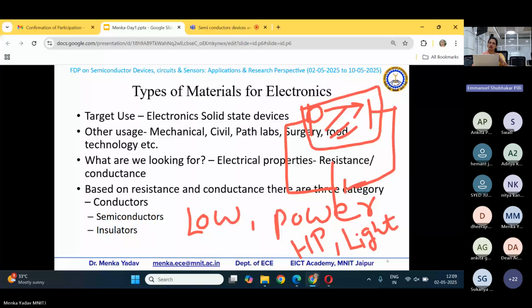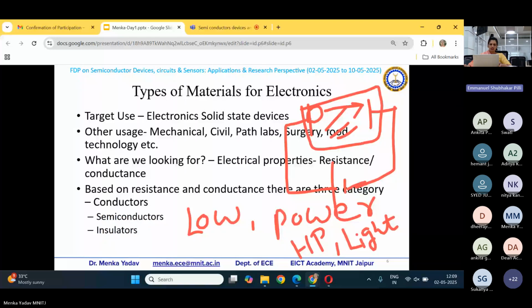If they were power hungry devices, like vacuum tube related devices, they would have been very bulky, and it would have been very difficult to carry mobile phones along with us, and the performance would not be good. Then we could not do whatever we do with mobile phones nowadays. So this is the basic reason why we are moving towards electronics.